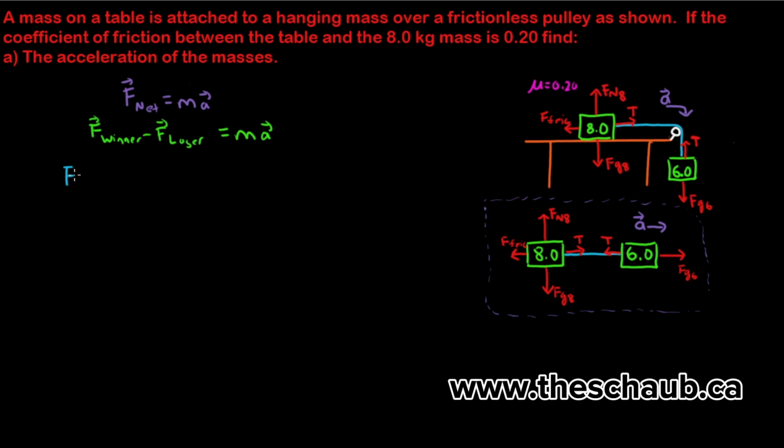So we have Fg6, and we keep it positive because we call it a winning force. Here, our first tension works against acceleration, so that's a loser, and we'll call that negative tension. Then here, we have a tension working in the same direction as the acceleration, so that's another winner. We'll call that positive. And then finally here, in the horizontal direction, we have force of friction, which acts against the acceleration, and that's one more loser. So force of fric.